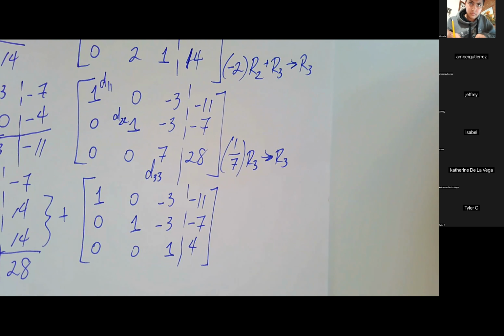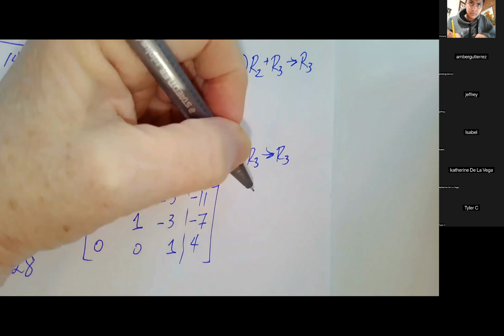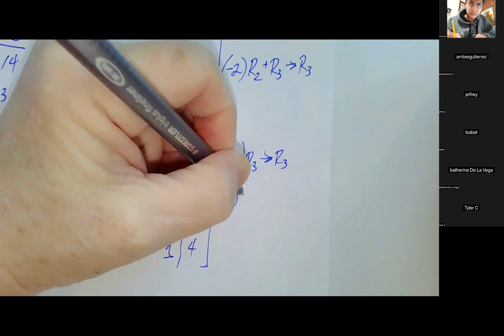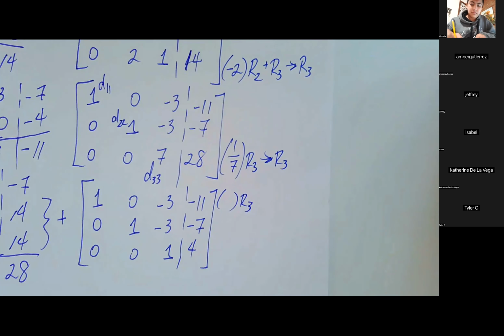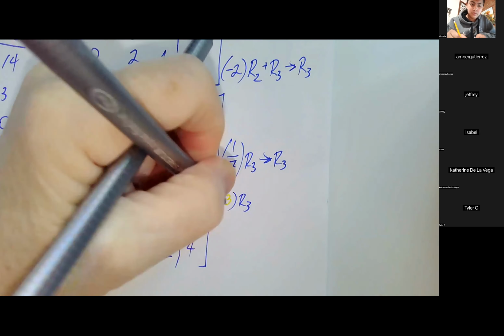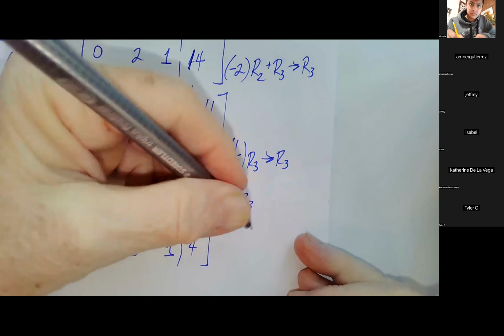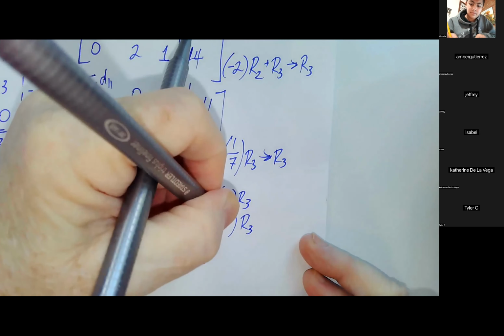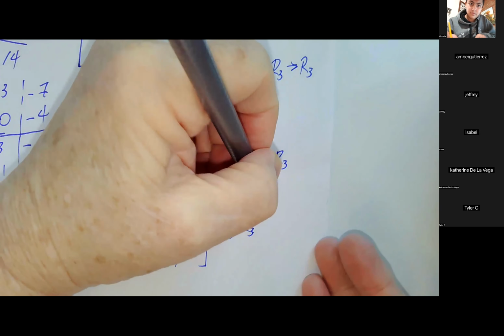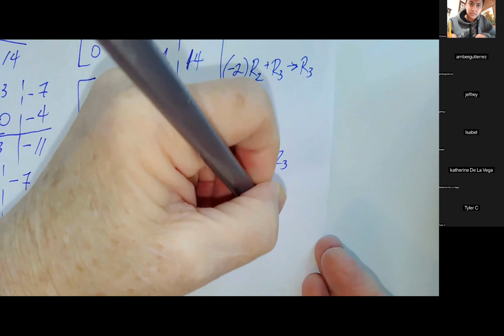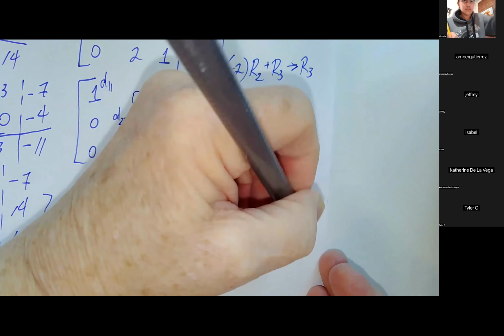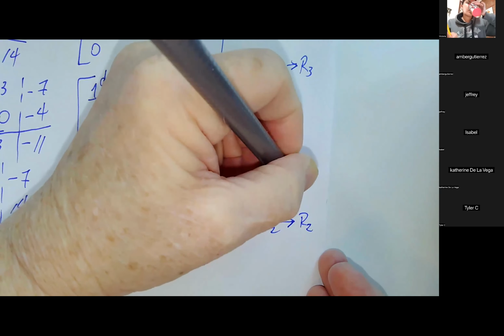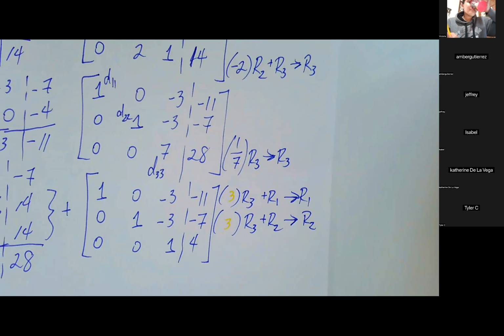Row 3. Very good. What are we going to multiply by row 3? A 3. In the first one, plus row 1, second one plus row 2, new row 2, new row 1.